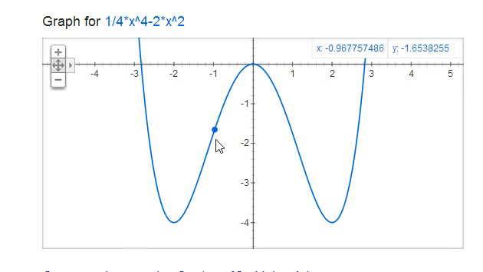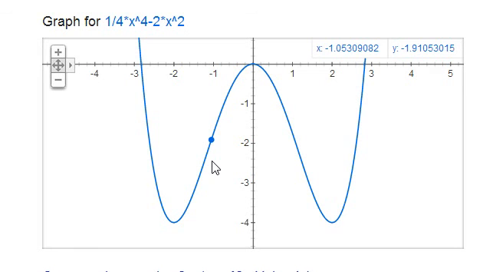Okay, and we found that inflection point, and it was negative 2 over the square root of 3 and negative 20 over 9, which was the y value. So that's somewhere about right in here. Somewhere in this area is going to be the inflection point.